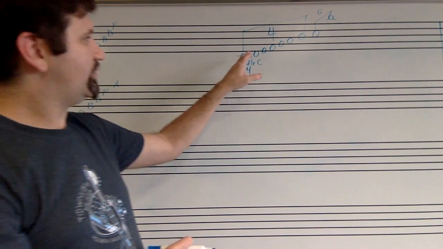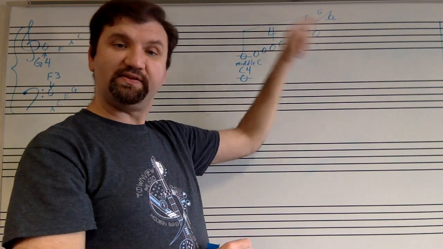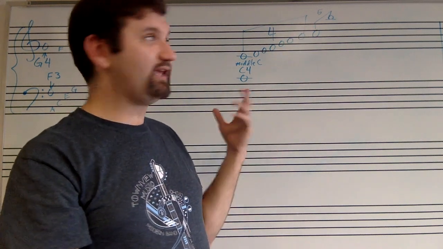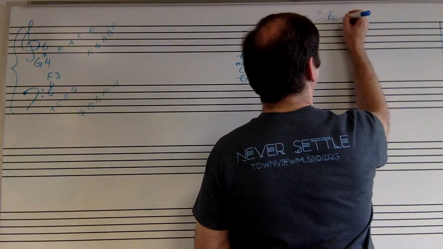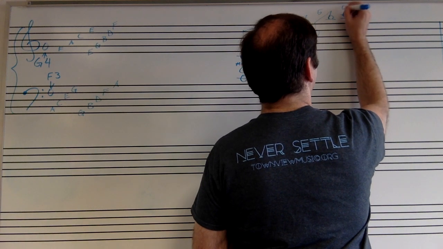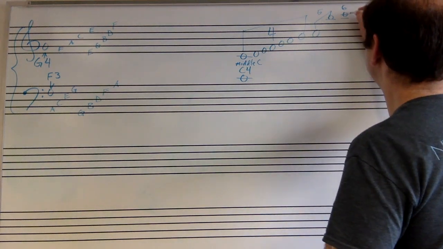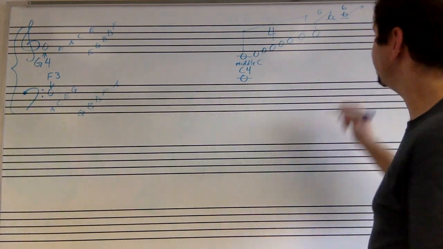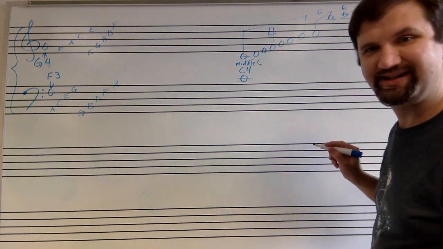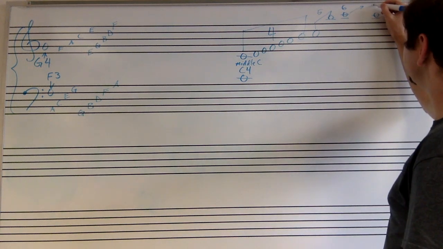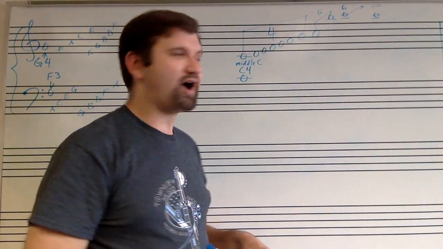So we've got C4, D4, E4, F4, G4, A4, B4, C5, D5, E5, F5, G5, A5, B5, that would be C6. And that would go up an octave. And then all the way to, I can't draw all the ledger lines, so I'm going to write the symbol that we use in music, which is 8VA, which means octave above.